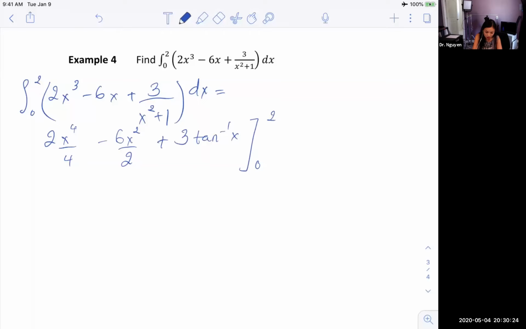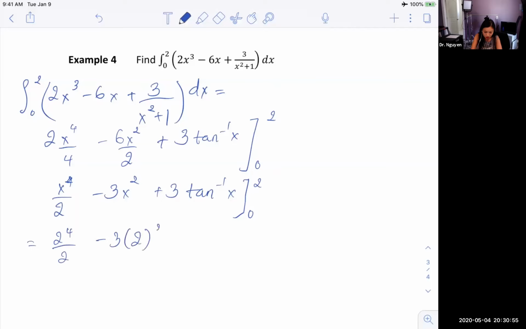Let's simplify it. So what I have right here is x to the 4th over 2 minus 3x squared plus 3 arctangent, 0 to 2. Okay, now all we have to do is plug it in. So what I have is 2 to the 4th over 2 minus 3 times 2 squared, minus 3 arctangent of 2.